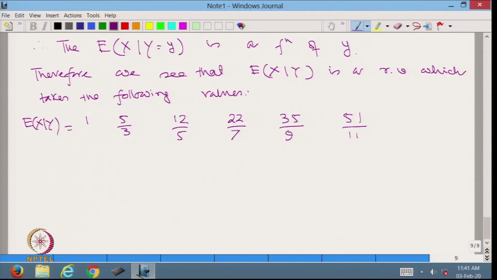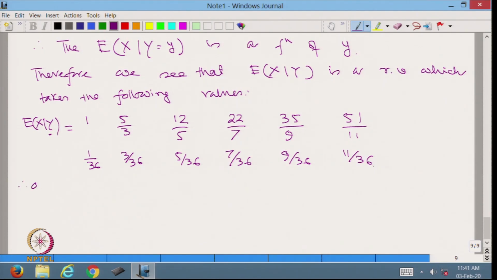These are the values, and the probabilities for them are given by the probability that y is taking that particular value. Therefore, these probabilities are 1 by 36, 3 by 36, 5 by 36, 7 by 36, 9 by 36 and 11 by 36.